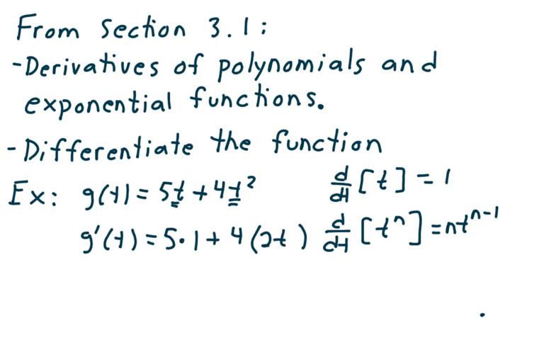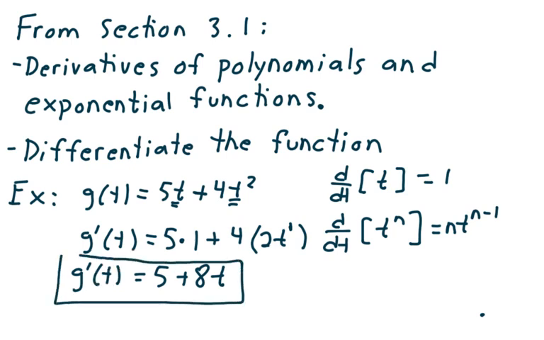Because remember, 2 minus 1 is 1, and so there's basically a hidden exponent of 1 there, okay? And so if we simplify, this should be 5 plus 4 times 2 is 8, so you get 8t. And that right there would be the derivative of g of t. And that's how you do example 1.